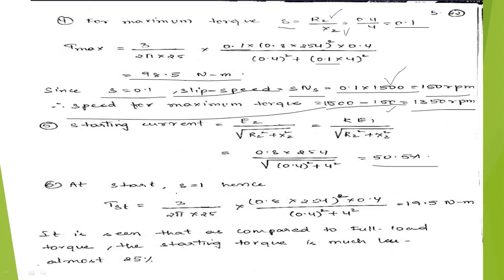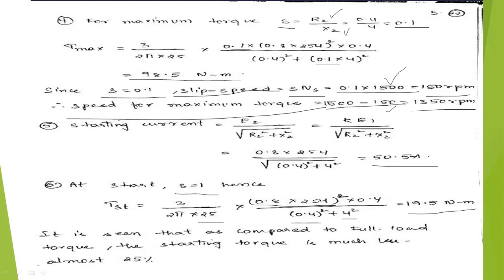But if you put S equal to 1 in the formula, you will get the starting torque formula. So 3 by 2 pi NS, NS is 25 and S is 1, E2 square is K into E1 square, into R2 by R2 square plus X2 square. These are all known values, so you are getting 19.5 newton meters.